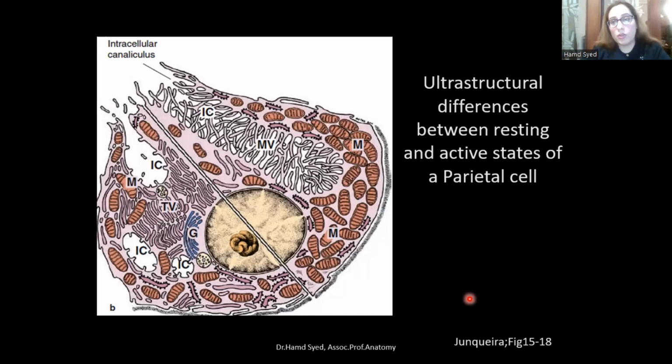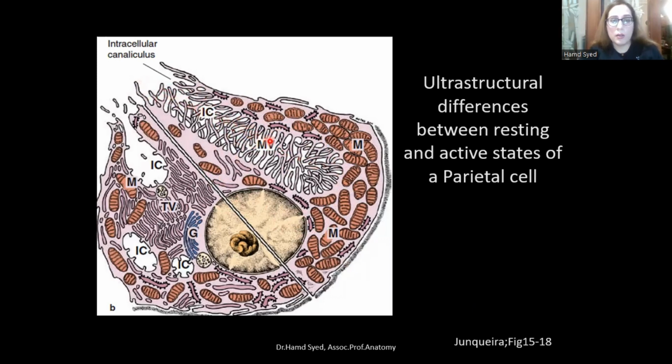If you're looking at the ultrastructure, that is the magnified version of the parietal cell, and we want to compare the difference between resting and active state, then we can see over here that on the right side, we can see the active state of the parietal cell, in which there are a large number of mitochondria. And here is the intracellular canaliculus.